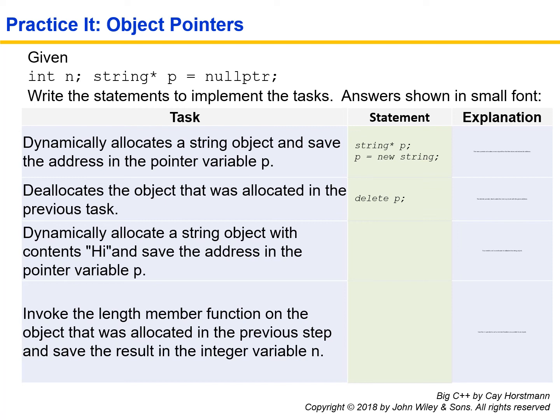We want to dynamically allocate a string object with contents high. Okay, then we'd say p equals new string, and then pass to the string constructor the quote high. And then we want to invoke the length member function on the object. We would say p arrow operator length.